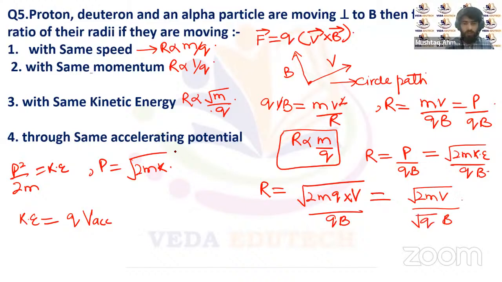In this case, if they are moving through the same accelerating potential, the radius will be directly proportional to under root of m upon q.